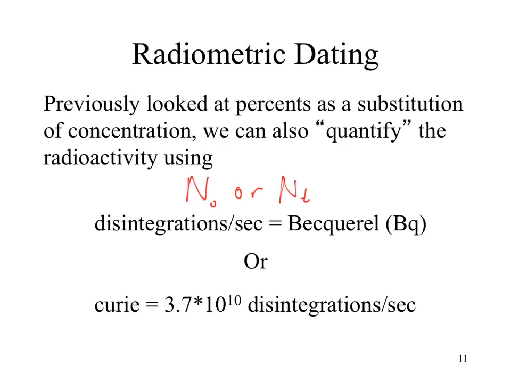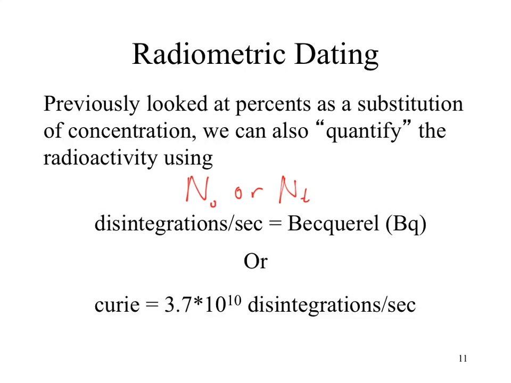Where this gets confusing is you now see a time in there as well. That time has nothing to do with our rate constant. That has everything to do with our N, effectively our concentration of the nuclei. So just be aware, if you're seeing that unit showing up, you're using that as your N sub 0 or your N sub T, potentially.